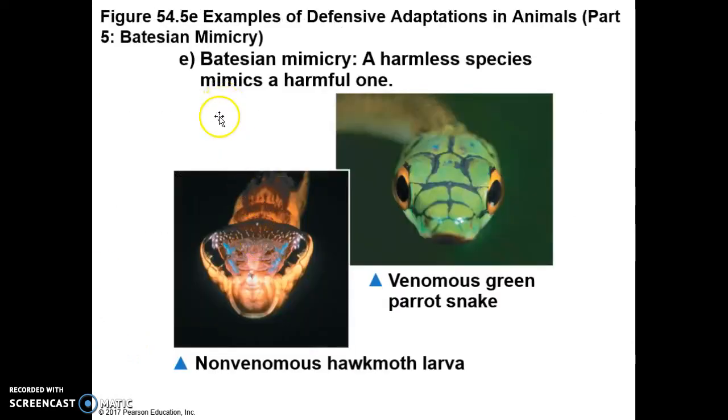So an example of Batesian mimicry is where a harmless species mimics a harmful one. These two look sort of similar. There are also examples with coral snakes where red and black touching is okay, but black and yellow touching is not okay. Things like that.